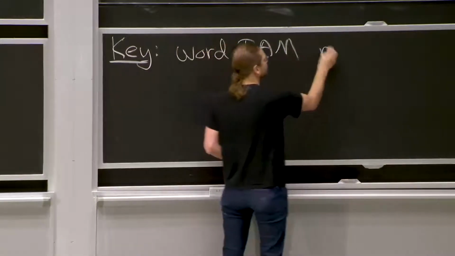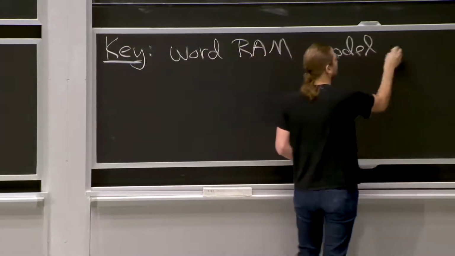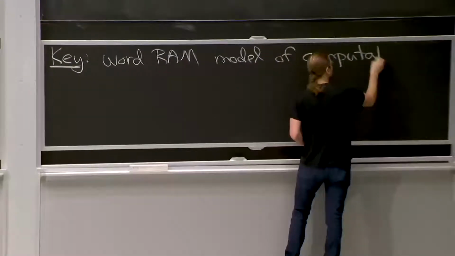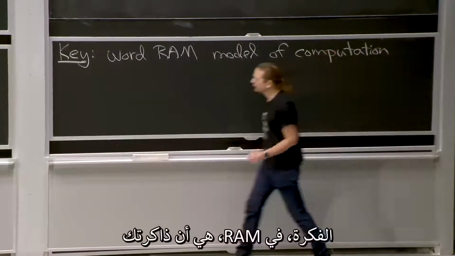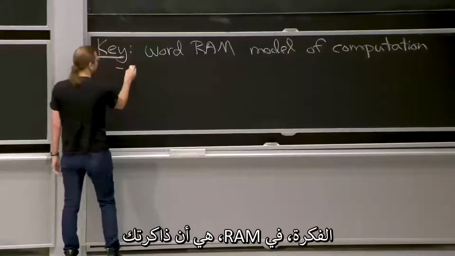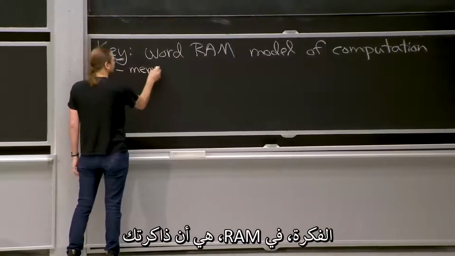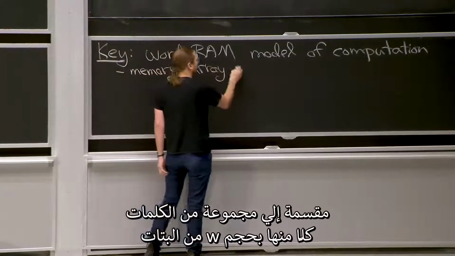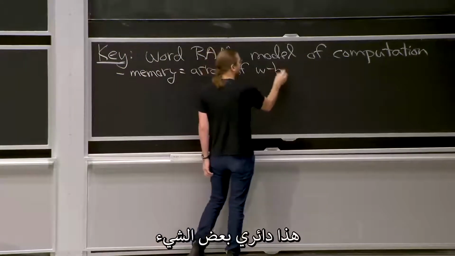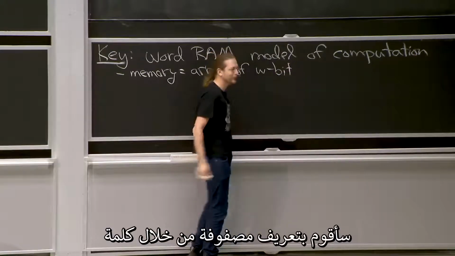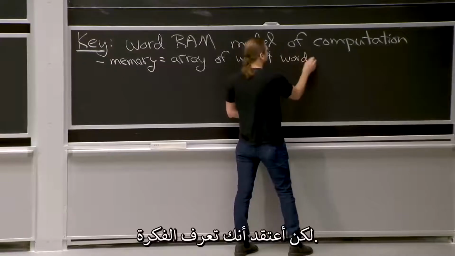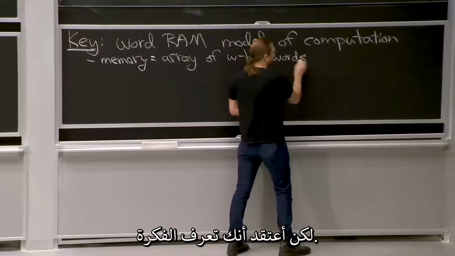Remember? So the idea in word RAM is that your memory is an array of w-bit words. This is a bit circular. I'm going to define an array in terms of the word RAM, which is defined in terms of arrays. But I think you know the idea.